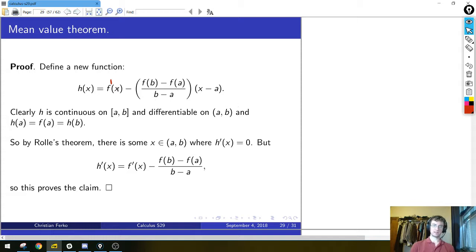So h of x is f prime of x minus this secant line slope, f of b minus f of a over b minus a, all times x minus a. Okay, so I'll ask you to justify this step first, and then I'll explain this factor. So I say clearly. Clearly is usually a signal that I'm being lazy and don't want to explain why this is true. So why is h continuous on the closed interval and differentiable on the open interval?